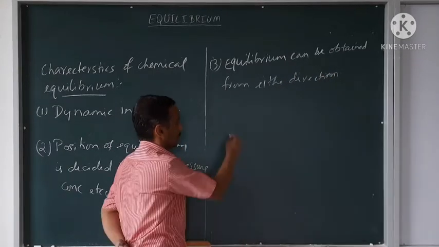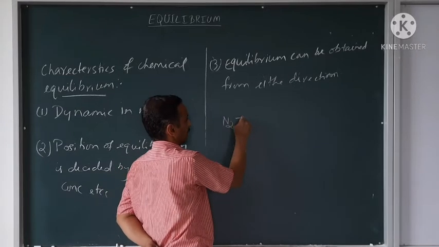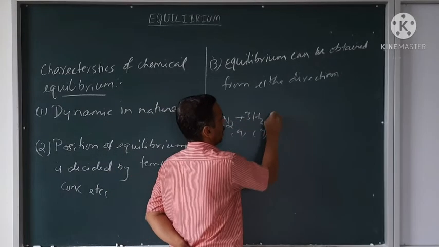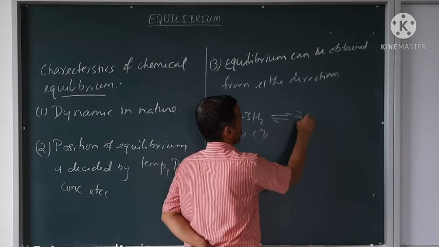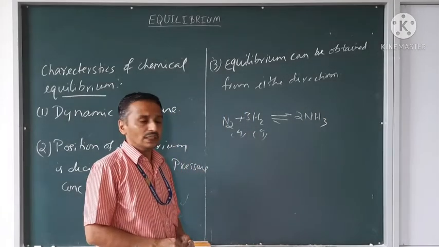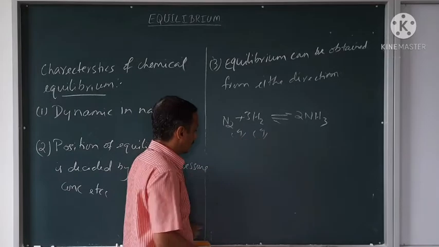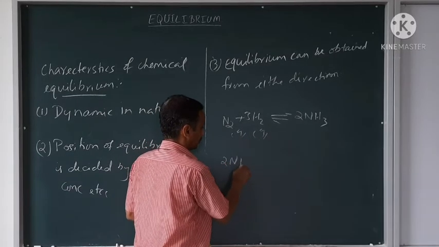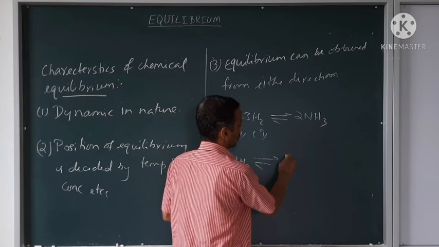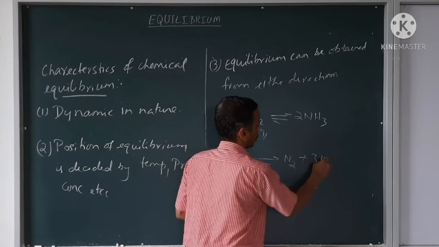See, N2 plus 3H2, you take over there, it starts giving ammonia and there exists an equilibrium with this. But instead of taking the nitrogen and hydrogen, I can take the ammonia. Again, I can get the equilibrium over there, N2 plus 3H2.